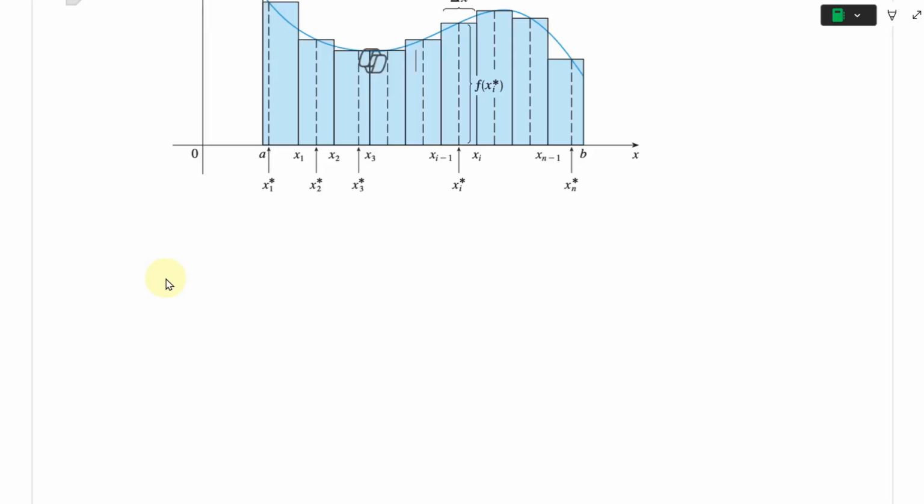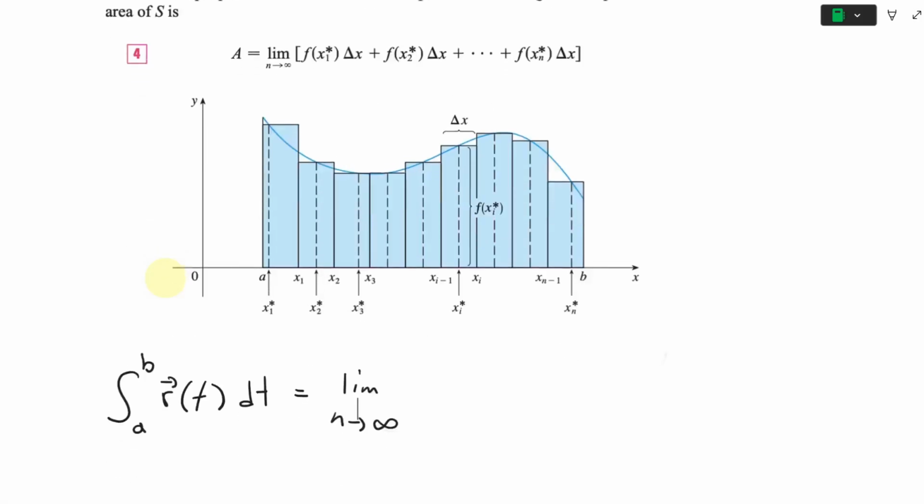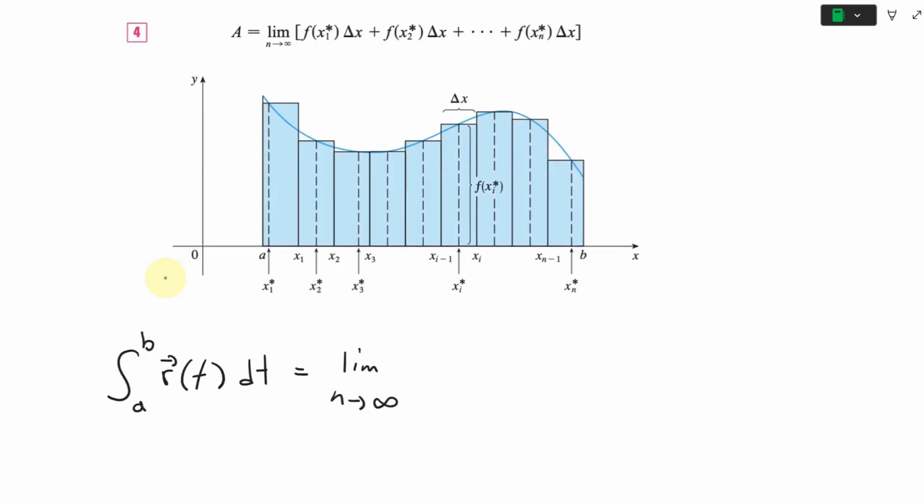All right. For vector functions we have the same setup. The integral from a to b of the vector r of t dt equals the limit as n approaches infinity of the sum from i equals 1 to n of a bunch of rectangles, r vector, where the height is the value at the parameter ti star.